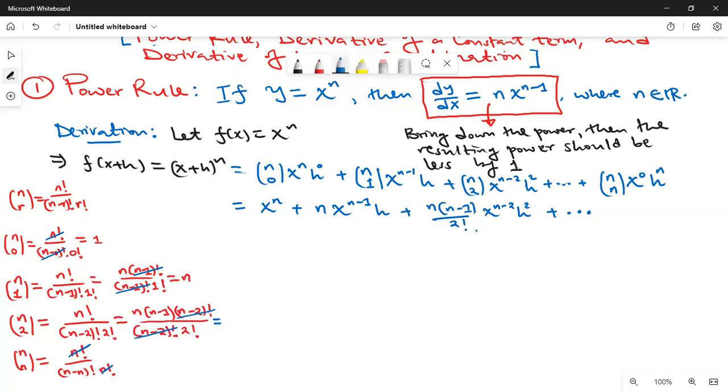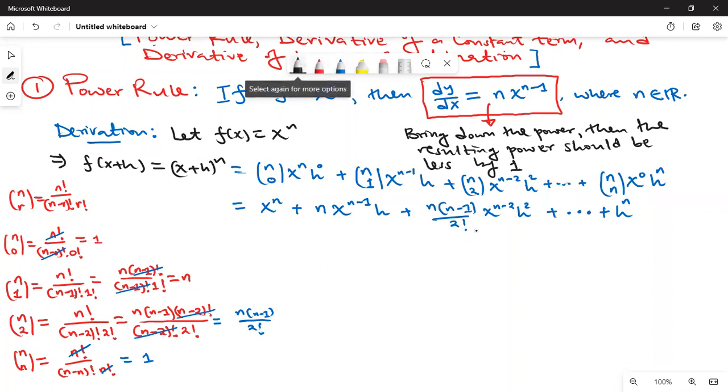What about here? We are getting 1 over n minus n, which is 0. So 1 over 0 factorial is simply 1, because 0 factorial is 1. So you take note of that. So this is 1, and x raised to 0 is also 1. So what we have here is plus h raised to n. Very important. So that is our f of x plus h.